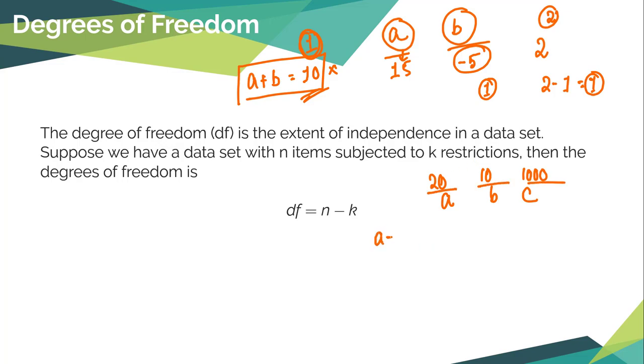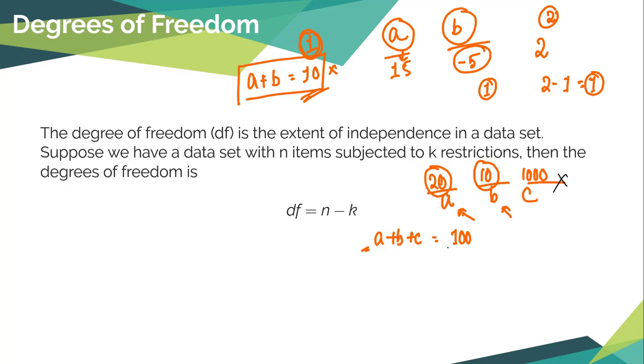But as soon as I impose a condition that a plus b plus c must be equal to 100, a condition is imposed here. Now what will happen? I have the liberty to choose the value of a and the value of b. So I have selected 20 for a, 10 for b. But I no longer have the liberty to select the value of c.